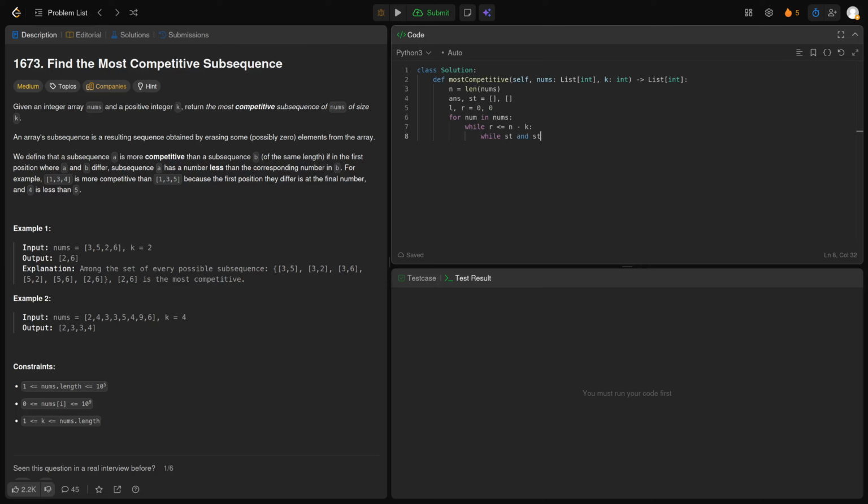While stack and nums of stack minus 1 is over nums i, then stack pop. Then stack append, r plus equals 1, and now that we are here, we evaluate the answer: ans append nums of stack 0. So we want the deque, not stack.